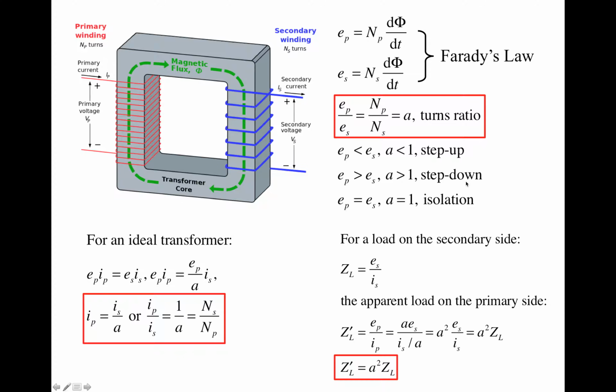And if it's a step-down transformer, A is larger than 1, so 1 over A is smaller than 1, which means IP is smaller than IS. So that's the second relation that we have to use later on.